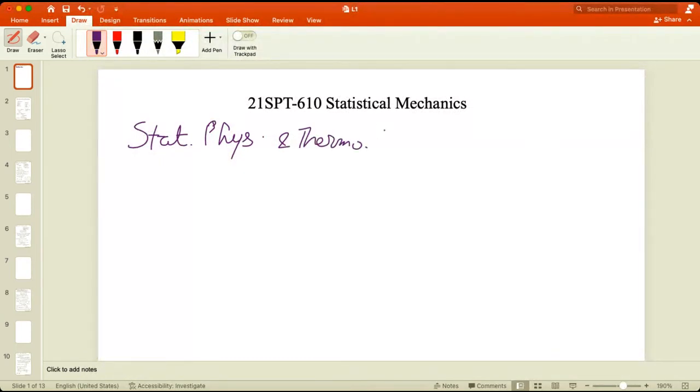I guess that's BSc first or second year, depending upon which university you are coming from. So you have read this course in your lower class, and we are going to build upon those basics. In this particular course I'm going to follow the textbook by R K Pathria.